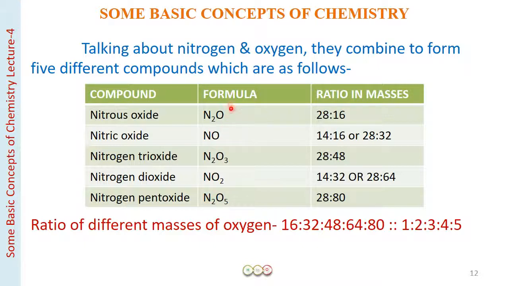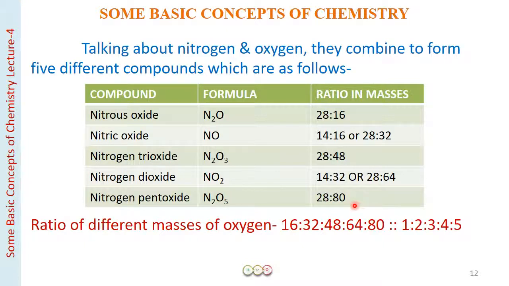And then we will see what is the ratio of the oxygen combining with that fixed mass of nitrogen, right? So in nitrous oxide, the ratio of nitrogen to oxygen is 28:16. In nitric oxide, it is 14:16. We'll convert it into 28, so 28:32. Then nitrogen trioxide 28:48, nitrogen dioxide 14:32, make it 28:64, and N2O5 28:80.